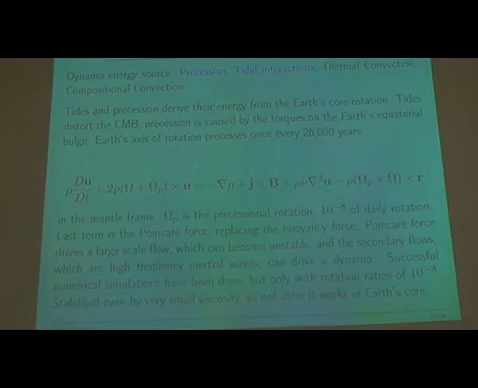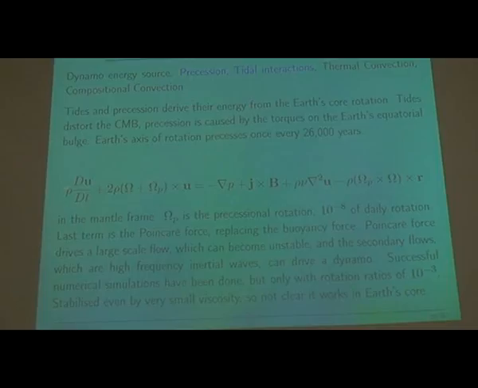We don't know at this stage. Far more work has been done on convectively driven dynamos, but that's in some sense because it's slightly mathematically easier rather than for any fundamental physical reasons. Although it is true that there are problems with precession as the energy source for the dynamo.